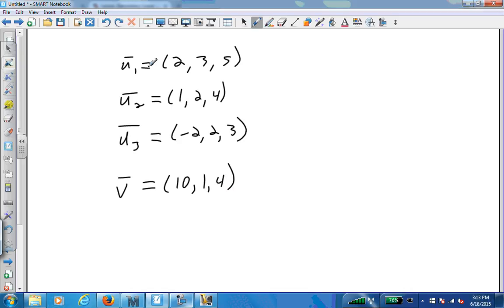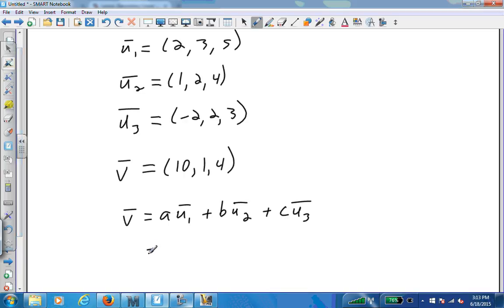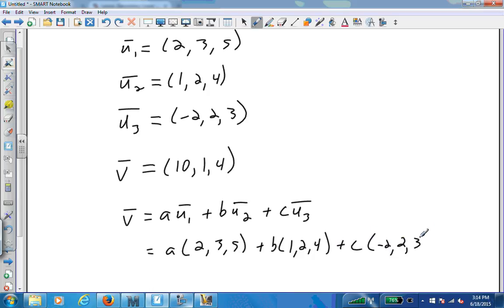So let's see how we can write V as something times U1, something times U2, something times U3. Basically, we're going to have a system of equations: A times the first one, 2, 3, 5, B times the second one, 1, 2, 4, C times the third one, negative 2, 2, 3.